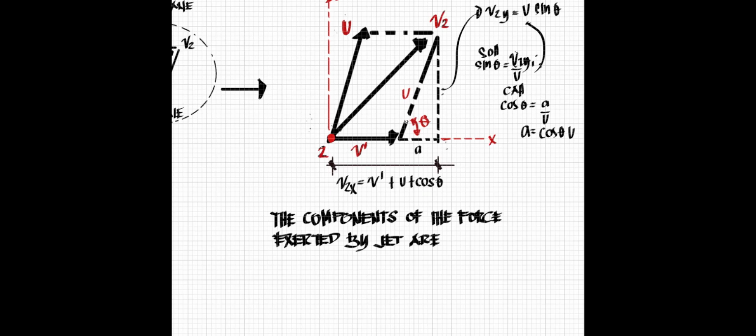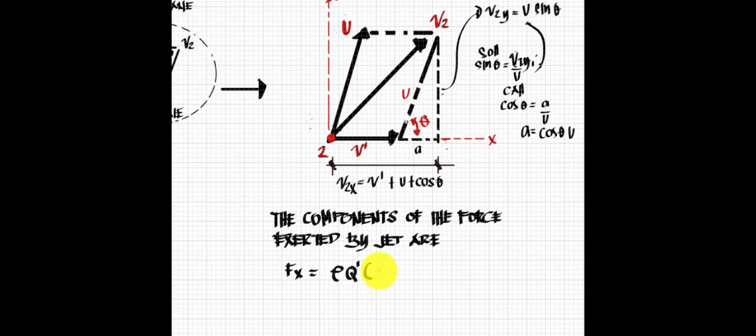Now, for the components of the force exerted by the jet, for your x-axis, the resultant F of x would be equal to the density times the volume flow rate. Or let's change this one to Q prime.